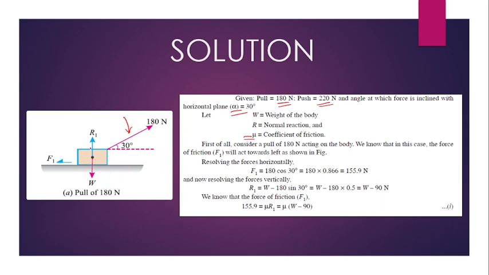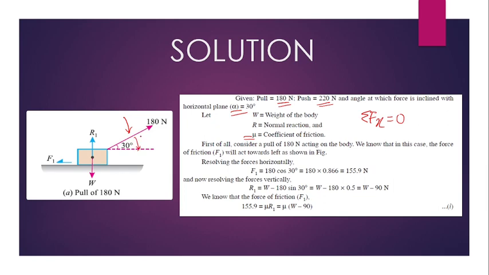Then we consider the first condition as shown in the figure, and resolve all the forces horizontally. The total forces in the positive x direction must equal the total forces in the negative x direction. The equation of equilibrium says sigma Fx equals 0. Here F1 is in the negative x direction, so F1 must equal 180 cos 30.